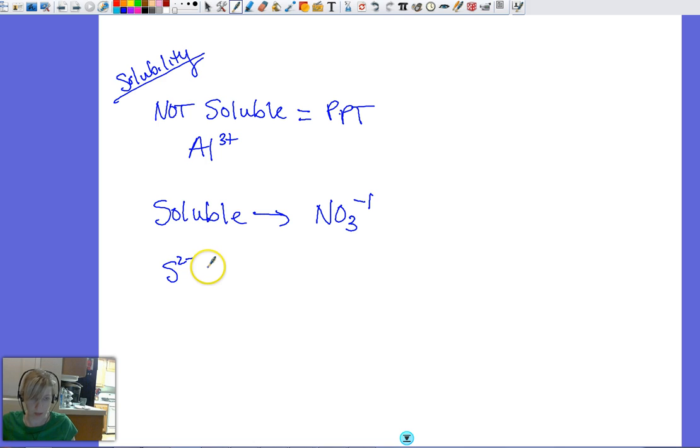Well, let's look at the ones that won't make a precipitate. We have alkali ions or ammonium. Well, that's not aluminum. And then beryllium, magnesium, calcium, strontium, barium, or radium. None of those are aluminum. So yes, aluminum is any other positive ion. So the answer is yes.